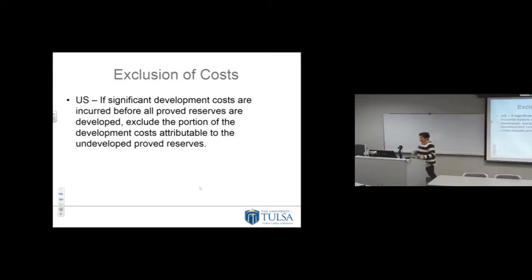Well, remember what we're doing here. We have wells and equipment. That would include the cost of that huge production facility and those flow lines. And we're writing these costs off over only proved developed reserves.